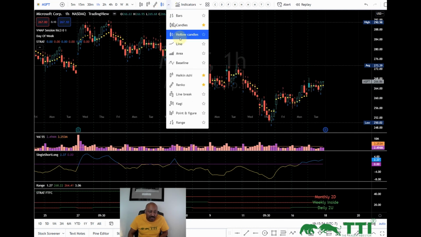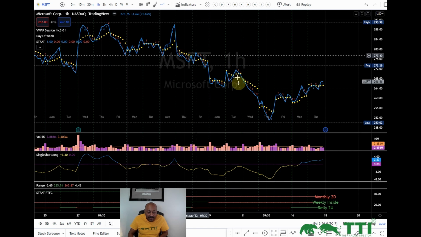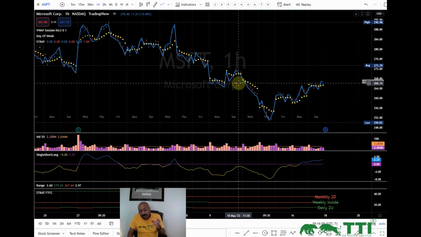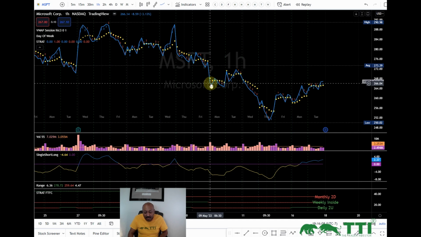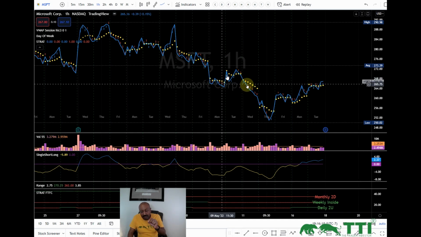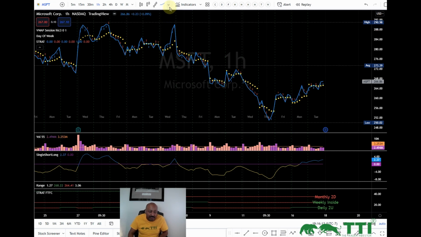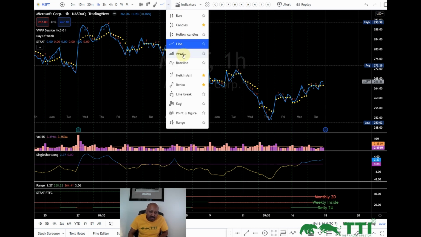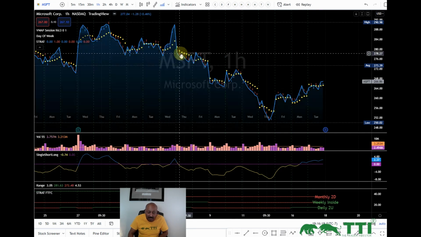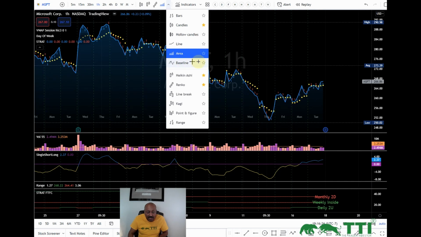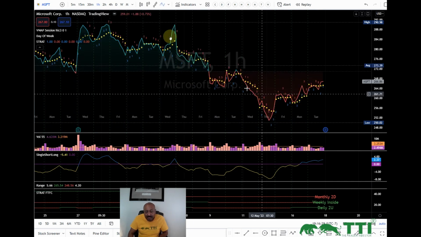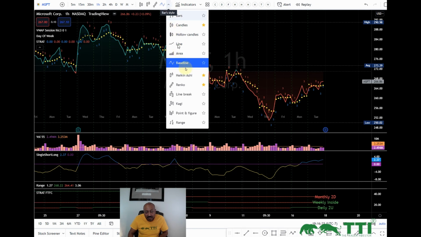You can have line bars, which only show you the closing price of the time frame that you chose. We happen to be on the hourly chart, so every hour when the price closes, they connect those dots. That's what the line bar is. I just want to show you the different ones, but we use candlestick. That's what I'm going to teach you. Everything else doesn't really matter, but as you get into preferences, you can select and maybe choose one.